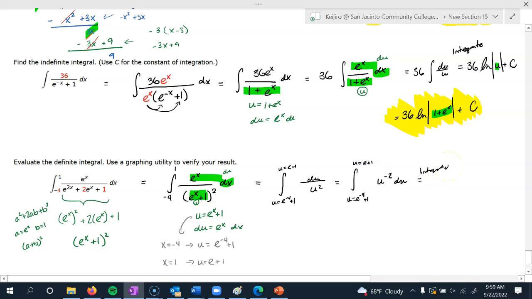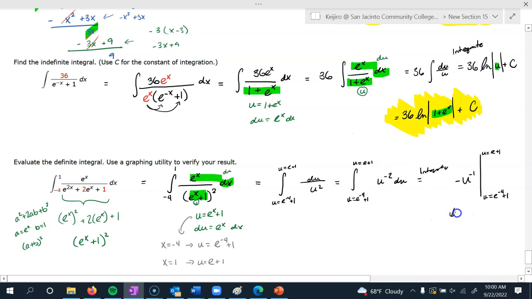raise the power by 1, up to being negative 1, and then divide by the new power of negative 1. So this is actually going to be negative u to the negative 1, evaluated from e to the negative 4 plus 1 up to e plus 1. Right, so the negative symbol is just there because you're going to divide by the new power of negative 1.